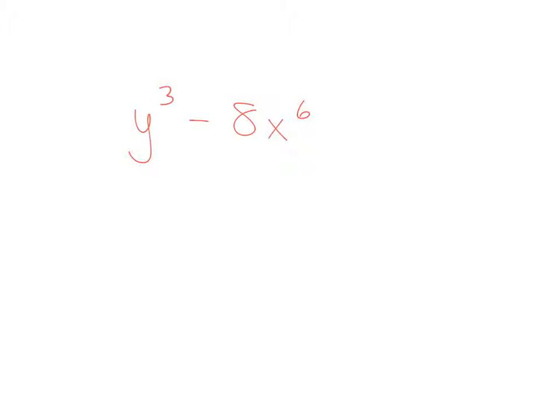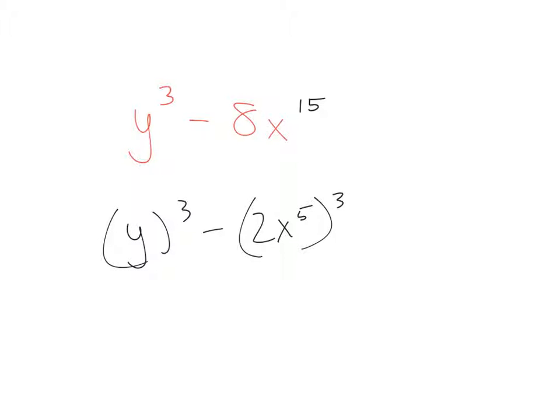If I made this a little trickier, let's make it a 15. What is x to the 15th the cube of? X to the 5th. Okay, so what I do is I start by rewriting this as cubes. I always start by rewriting it as cubes so that I can identify A as y and B as 2x to the 5th.